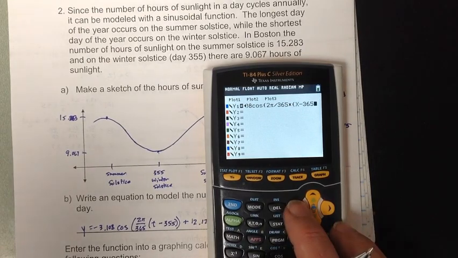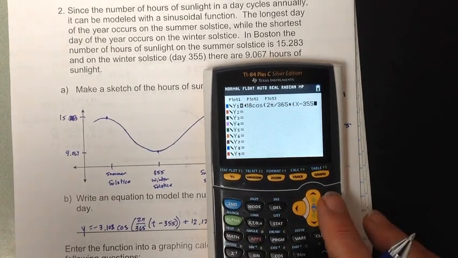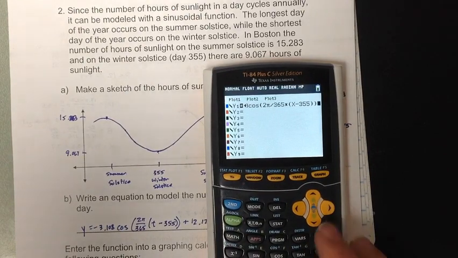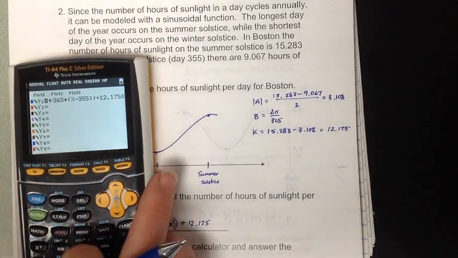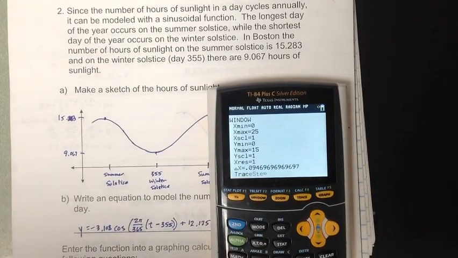No, excuse me, 355 for my shift. Double parentheses to close, plus 12.175.